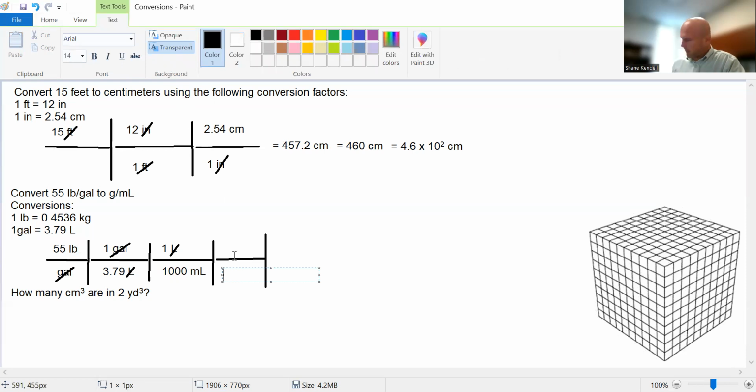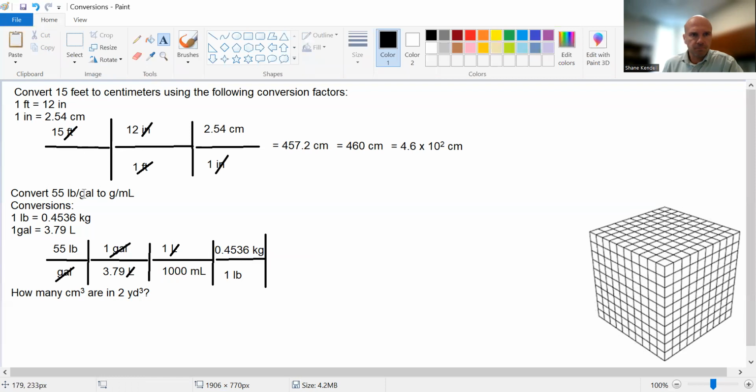For the conversion, it's 1 pound is 0.4536 kilograms.